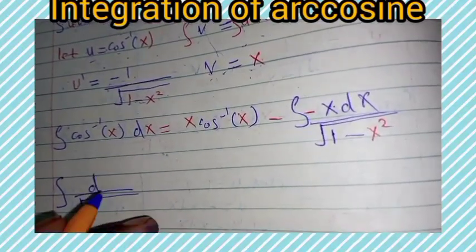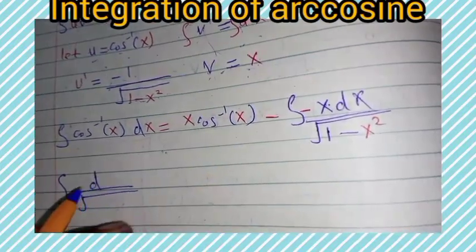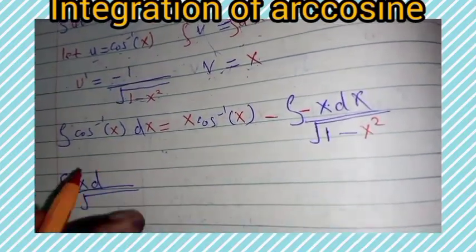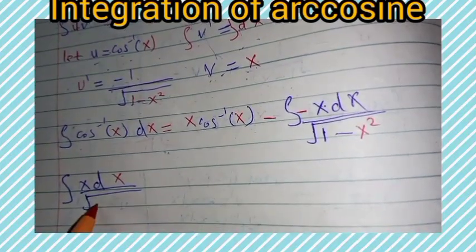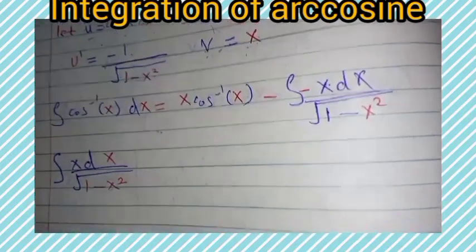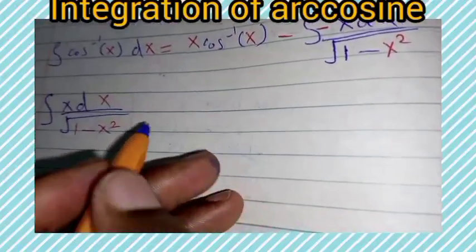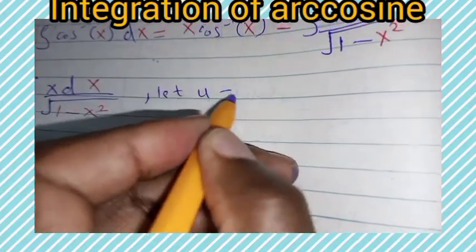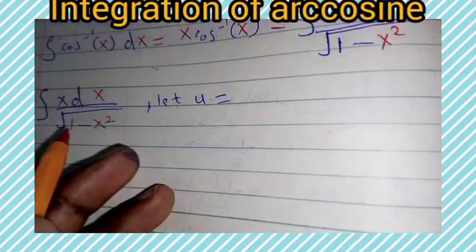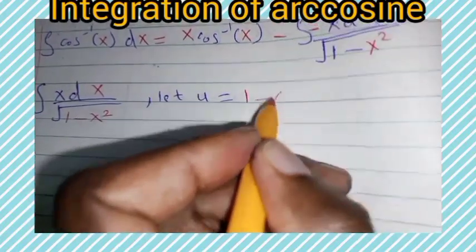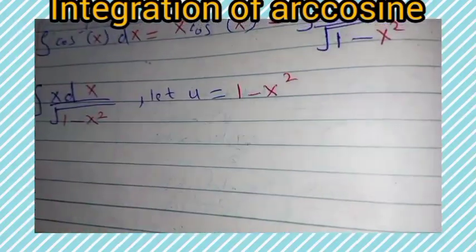So we want to integrate this part, x dx divided by square root of 1 minus x squared. This part will be done by letting our u be equal to the denominator, what is inside the square root, which is 1 minus x squared.